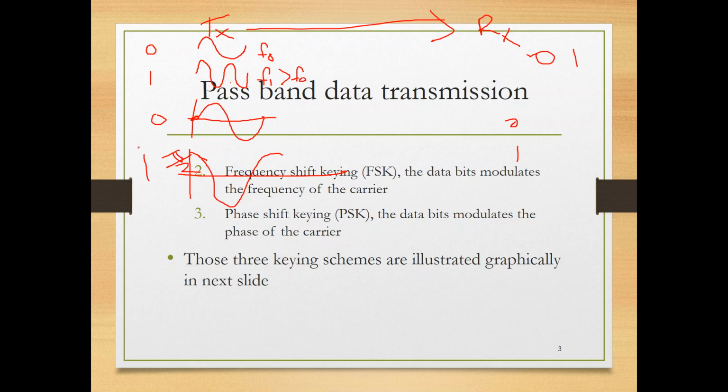If I send more data bits, what happens? I increase the throughput, I increase the data rate, I increase the capacity of my network, which is good for applications that require high data rate, like video streaming, augmented reality, virtual reality. Some applications, gaming for example, don't require too much data rate.